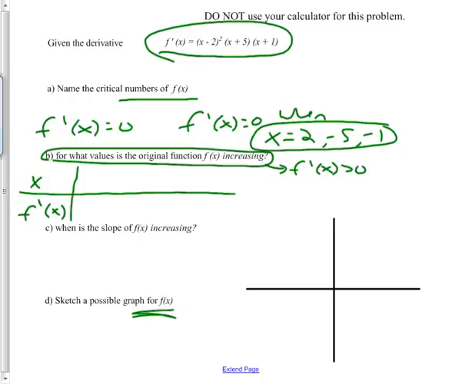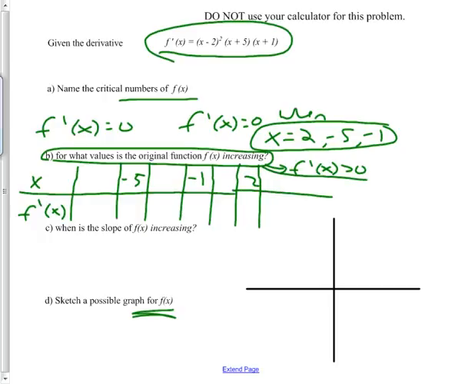We're going to look at the critical numbers and then to the left and right: when x equals -5, -1, and 2. And then we're going to choose values to the left and right of those, so let's say -6, -4, which is between -5 and -1, 0, and 3. We're going to do this so that we can inspect what happens to our derivative function for values of x at the critical numbers and to the left and right.